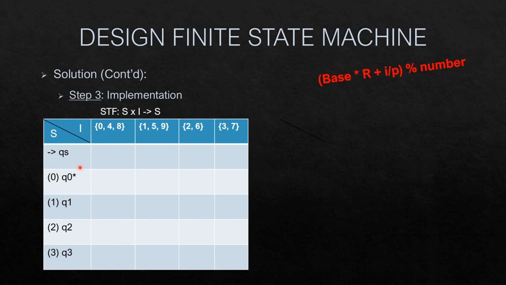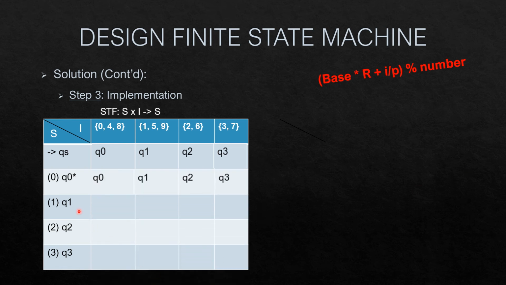Then when in QS, if I get the first digit as either 1, 5, 9, I know that I will be getting the remainder as 1, so I have to transit to Q1 state. 2 or 6 when appearing as the first digit of our number will give remainder 2 and transit to Q2 state. And finally, 3 or 7 when appearing as the first digit of the number, when divided by 4 will give us remainder as 3. So we have to transit to Q3 state.